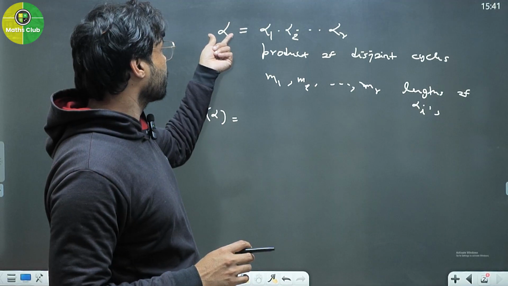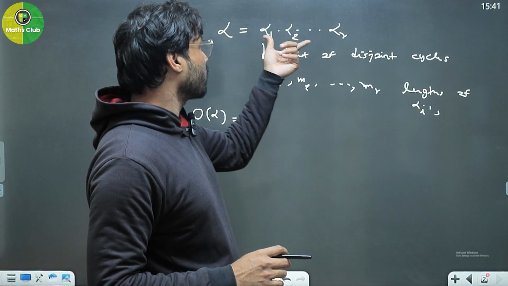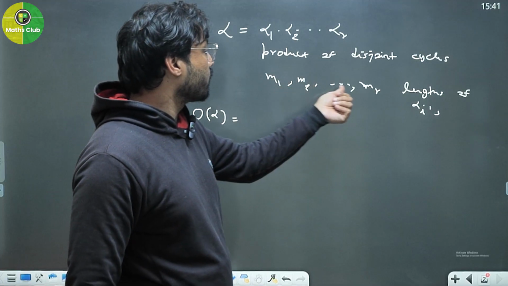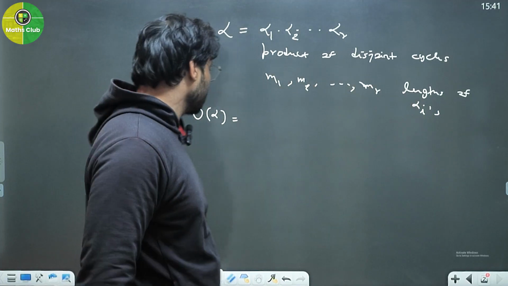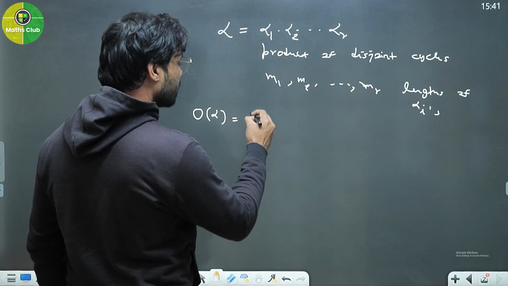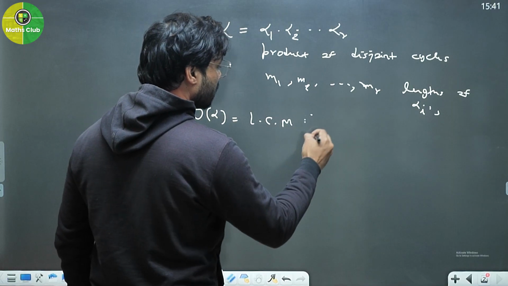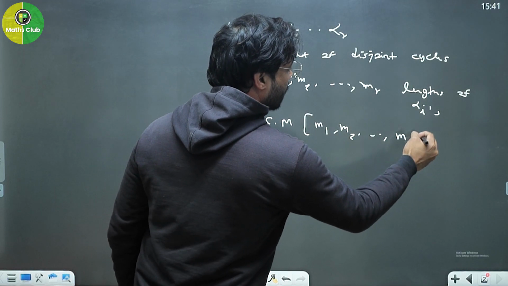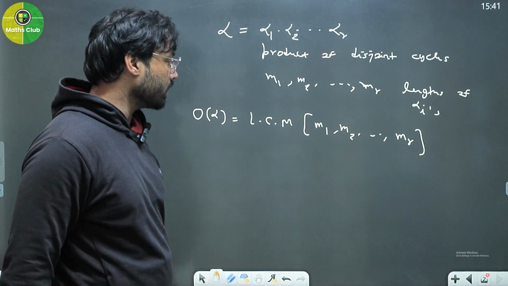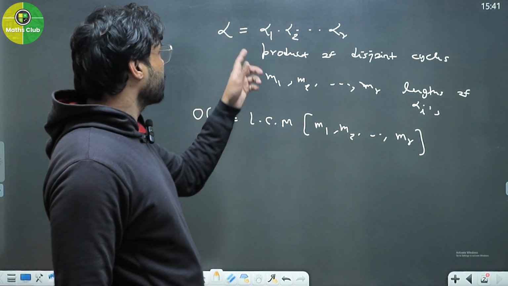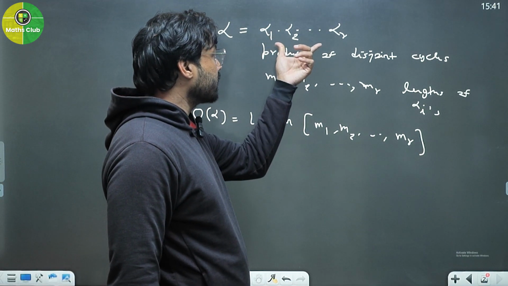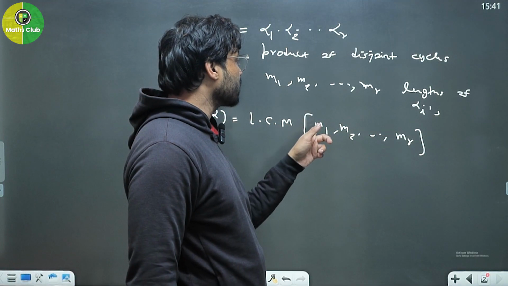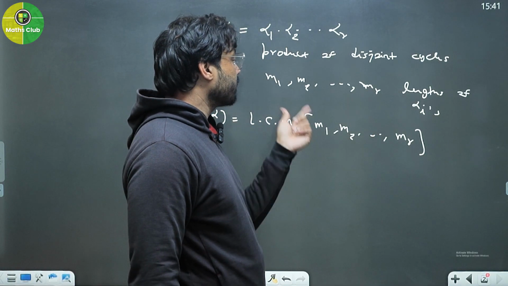Whatever the given permutation, first write it as a product of disjoint cycles of lengths m1, m2, and mr. Then the order of alpha is simply the LCM of m1, m2, and mr, where m1, m2 are simply the lengths of the cycles.